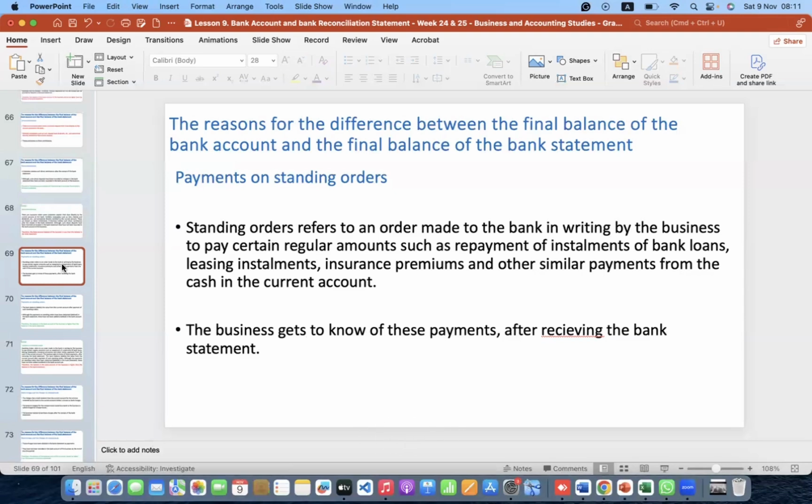Once you do that, the bank automatically processes these payments. If you have money in your bank account එකේ සල්ලි තියෙන්න ඕනේ. සාමාන්‍යයෙන් මේ standing orders bank account එක overdrawn වෙලා යන්නේ නැහැ. හරිද? OD වෙලා යන්නේ නැහැ.